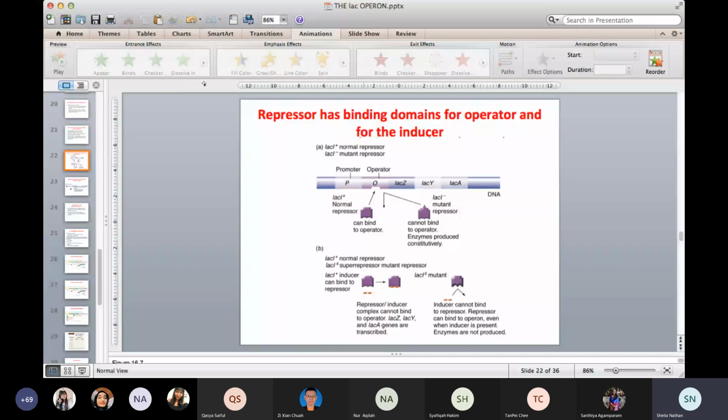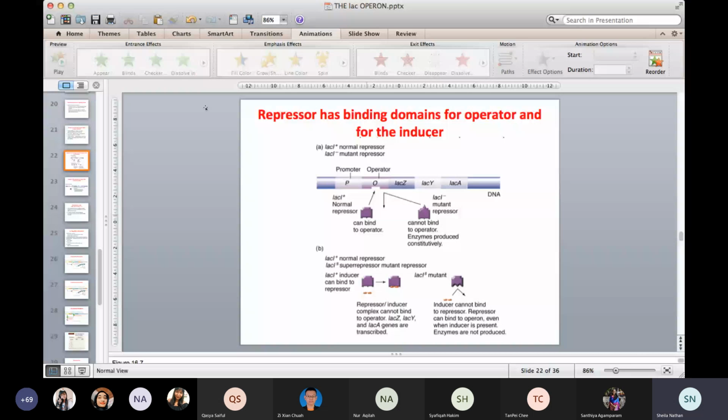So what happens? When the LAC-I gene is mutated, it produces a mutant repressor. Again, you can see that the shape of the mutant repressor is different from the normal or wild type repressor molecule.